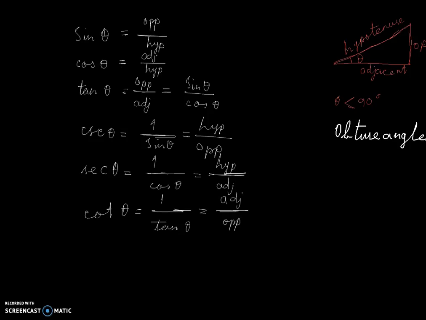The definitions that we were talking about here don't apply to obtuse or negative angles. If you have an obtuse angle, it is larger than 90 degrees. So it would be something like this.